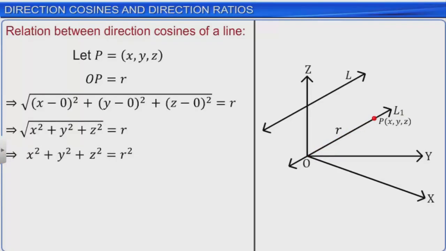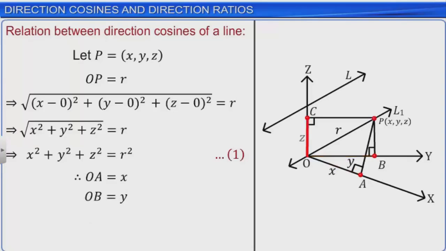Let this be equation 1. Let PA, PB, and PC be the perpendiculars drawn from point P onto the x, y, and z axis respectively. Therefore, the lengths OA, OB, and OC are x, y, and z respectively.